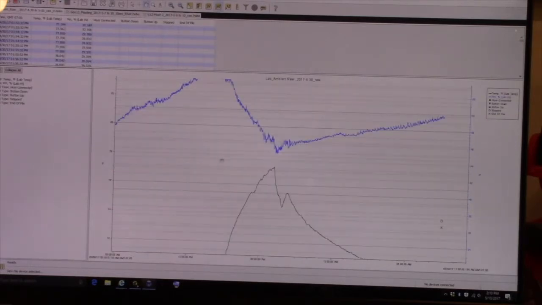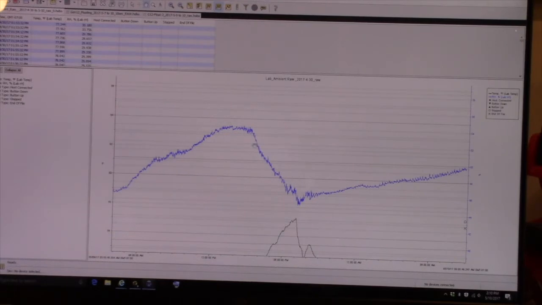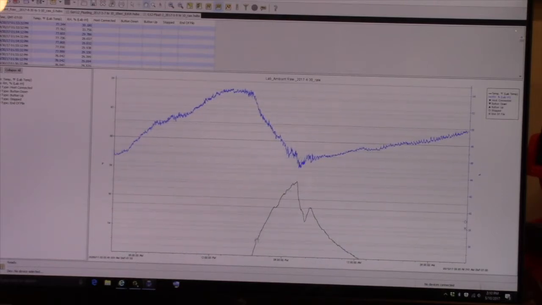If we actually looked at the relative humidity line as well, you can see that the relative humidity is doing wild things during that period of time. It's dropping from the mid 50s down to the mid 40s, but you have to remember that relative humidity is relative to temperature, so these lines tend to mirror each other.